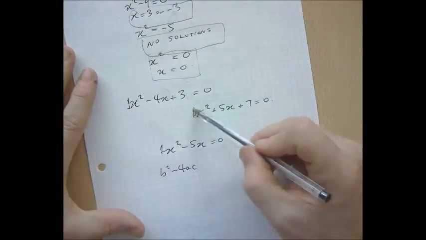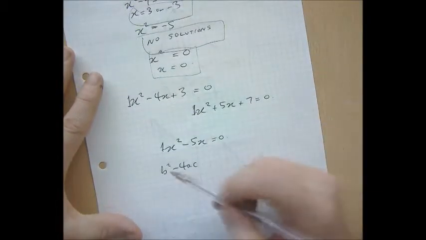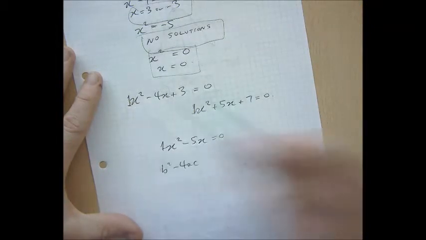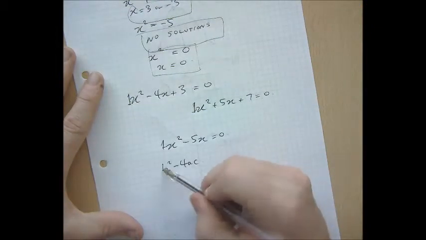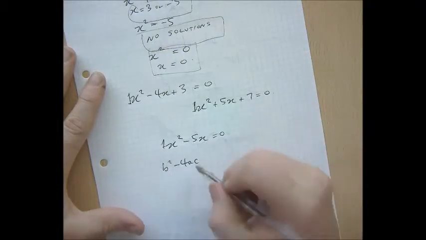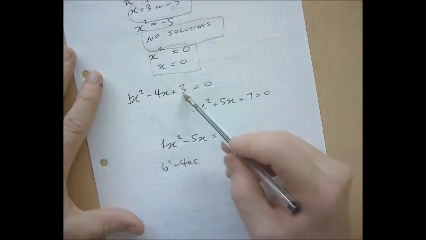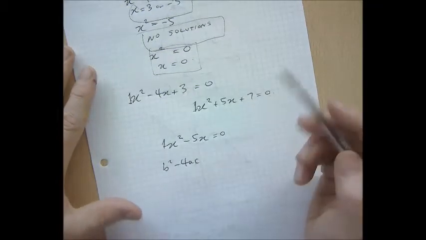And the reason why I drew those ones in is because the a is the coefficient of x squared, the b is the coefficient of x, and the c is the number that's not multiplying by x, just the ordinary constant number on the end.